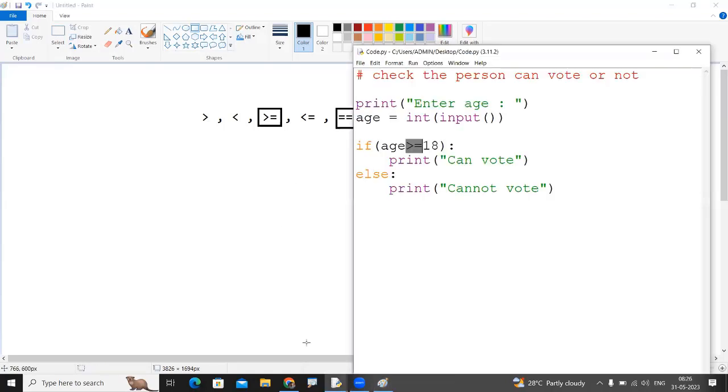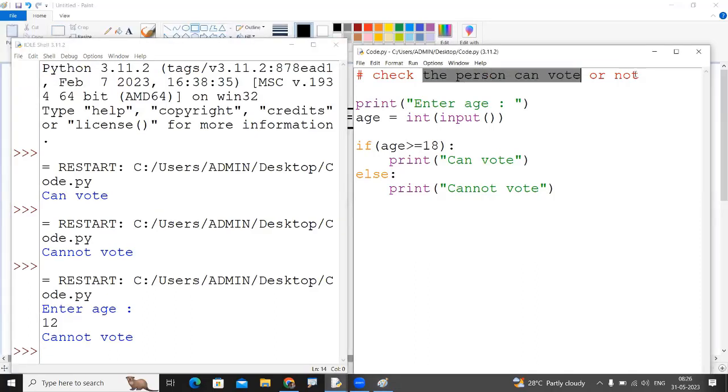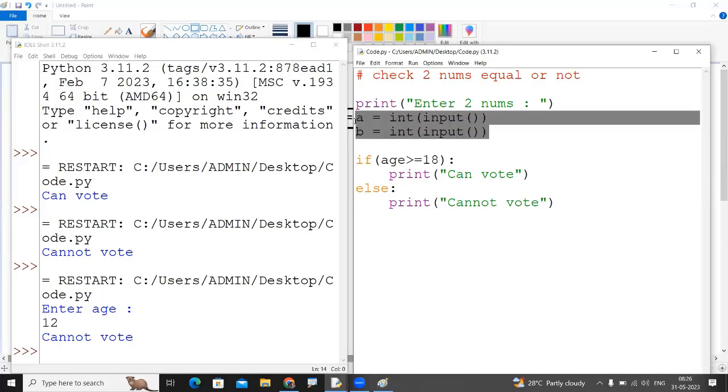Check whether two numbers are equal or not. So we ask to enter two numbers, the first one into A, the second one into B. The two numbers I have taken.